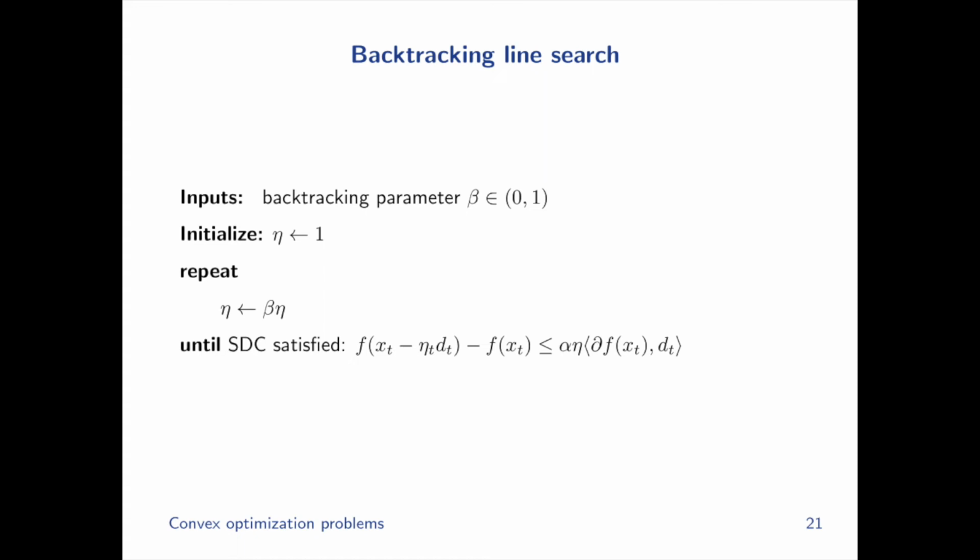I guess I should comment on this since we're on the topic of step length. If you look at all the convergence results for gradient descent, including the ones that we've proven before, they're all for specific choices of step lengths. And this is a thing, because how fast you converge really depends on how big of step sizes you take. What I mean by gradient descent will work as long as the step length is not too big is that if the step length is below some threshold, you will get linear convergence.